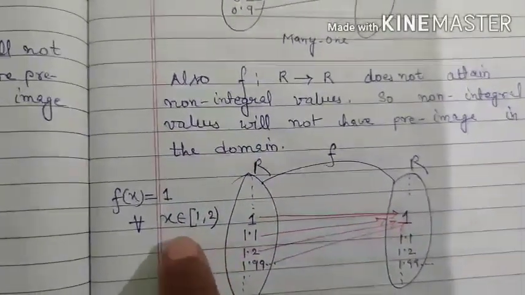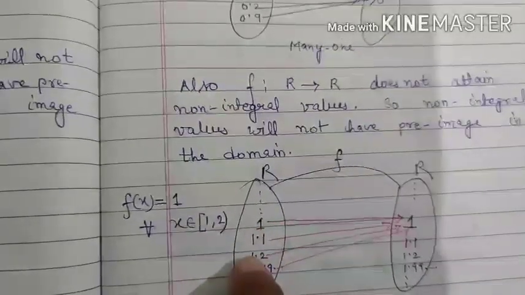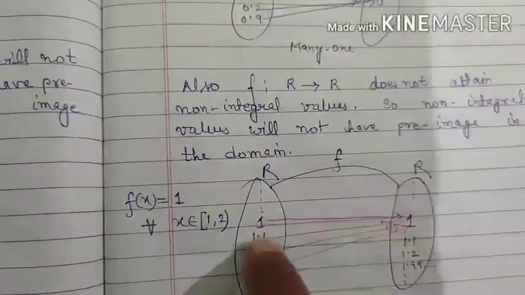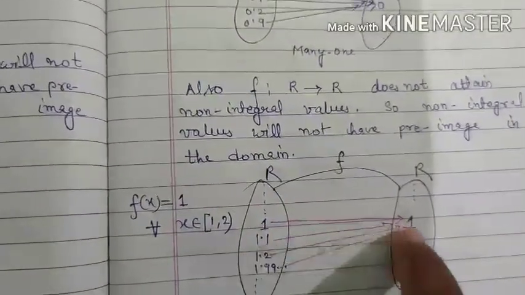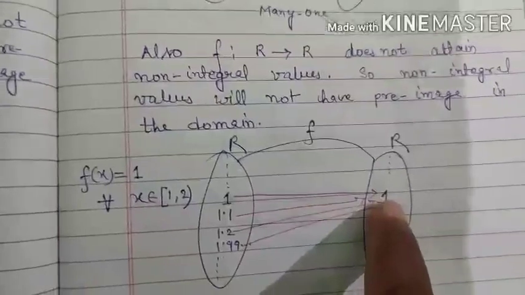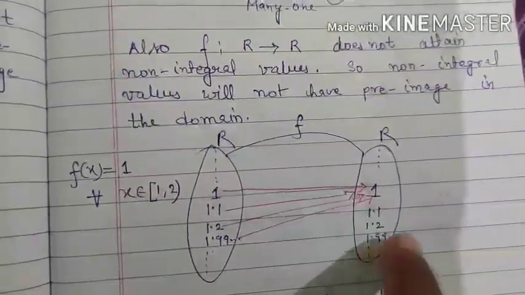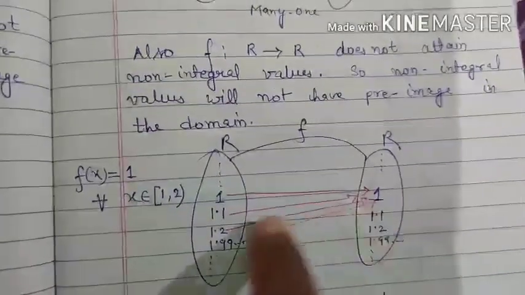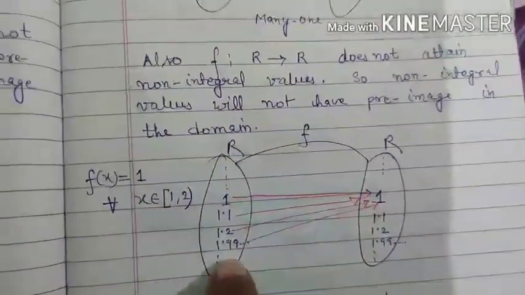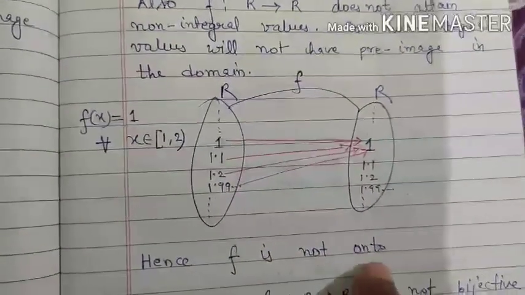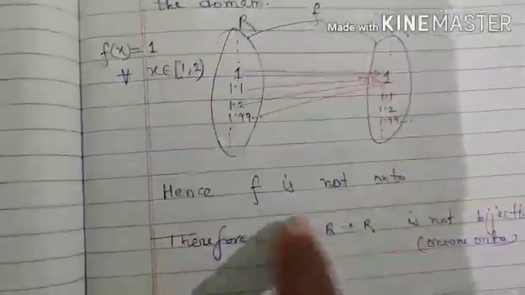It means 1, 1.1, 1.2, 1.999 will have their image on 1. But 1.1, 1.2, 1.999 will not have their pre-image here in this R. So f cannot be onto. So f is not onto.